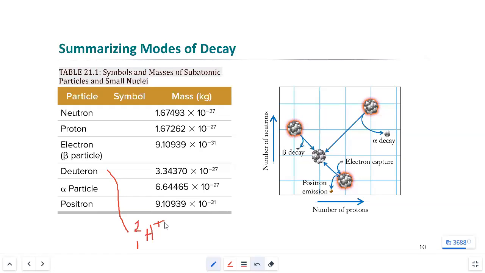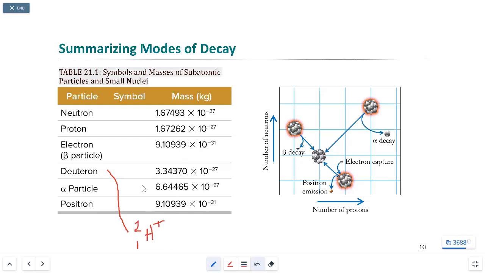Hydrogen, the one that we're most familiar with, deuterium, deutero, meaning two particles, the second particle being a neutron, and tritium, the third particle also being a neutron there. So deuterons have this mass here.